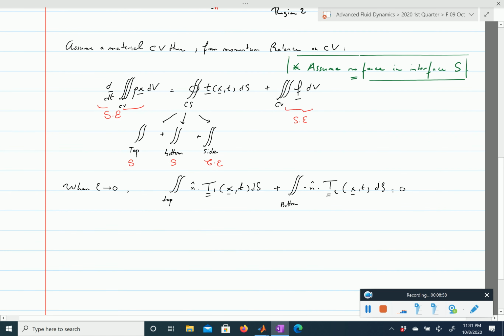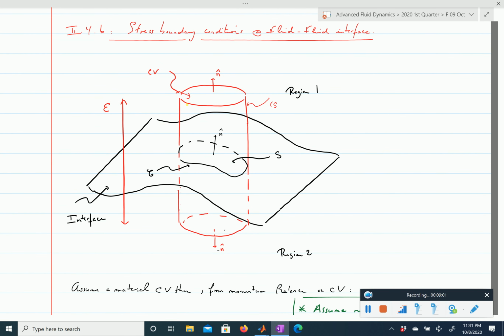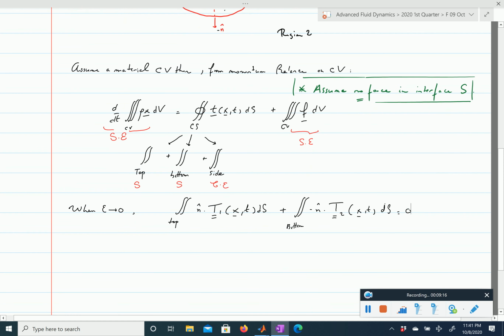But really, once you've shrunk this control volume to a volume which really just includes this interface, the top surface right on top of the interface and the bottom surface right underneath the interface are really the same integral. So this is really the integral along my surface S of n dot T1 minus the stress tensor in the second region. And that has to be equal to 0.